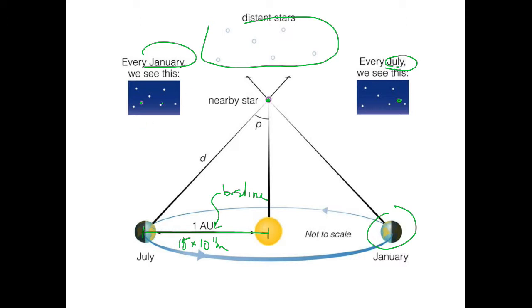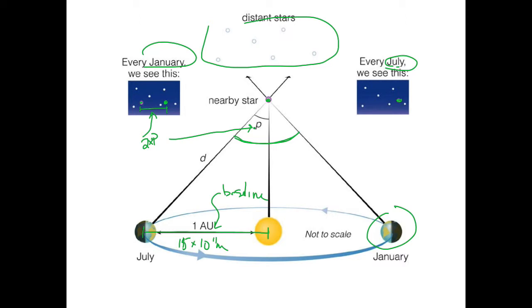Now I can draw where it is in July on this picture. It's right here. And this difference on the sky is going to be this angle P. Actually, that's going to be 2 times P, because this angle is this whole thing right here. So P is half of that.